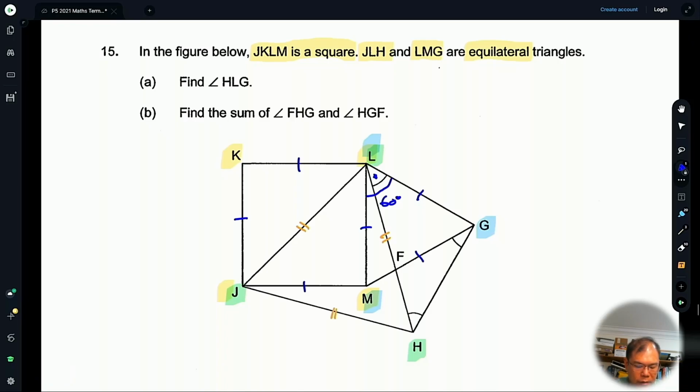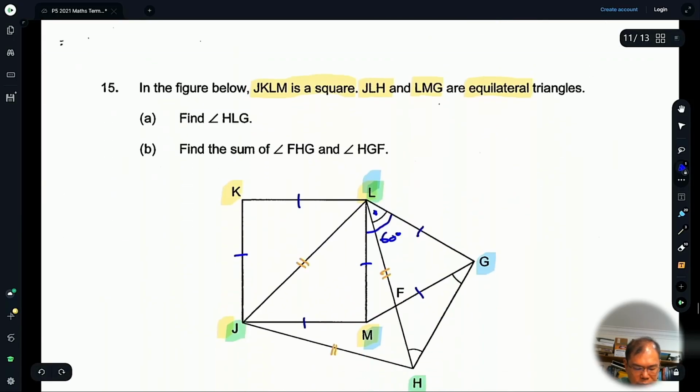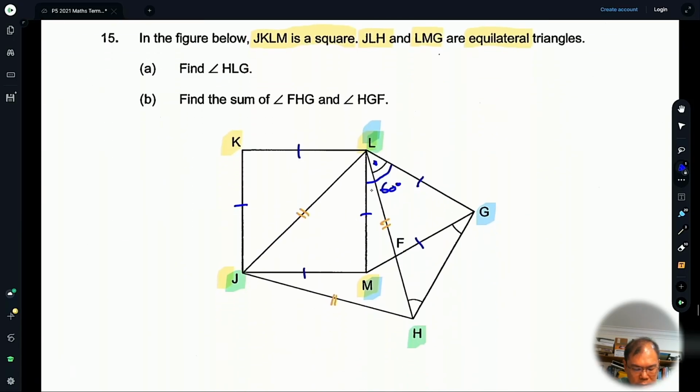Some other things we know is that this, being an equilateral triangle, would also be 60 degrees.